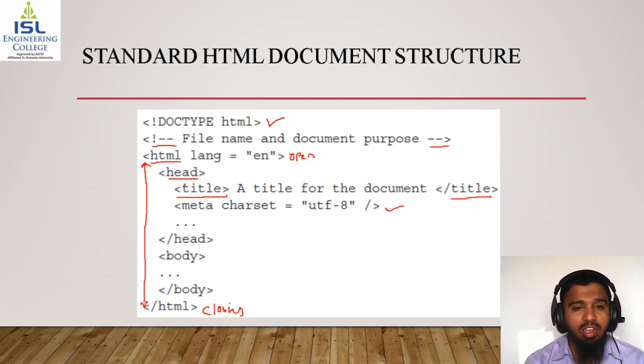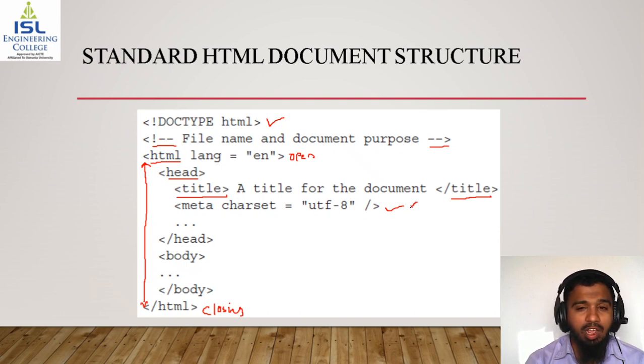The first thing is, you can open the tag and close the tag. Some tags don't have any elements, like the example of meta charset UTF-8 with a slash. That means in the opening tag only, we can create the closing as well. This is also valid.